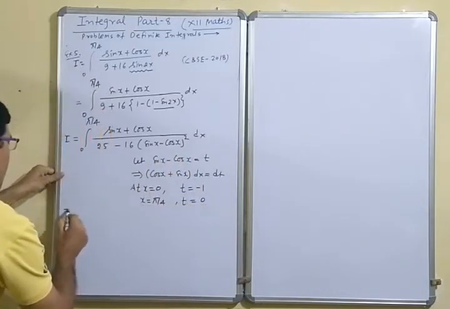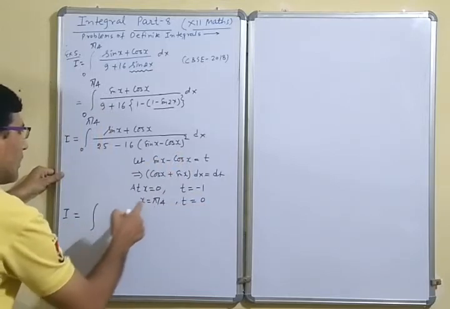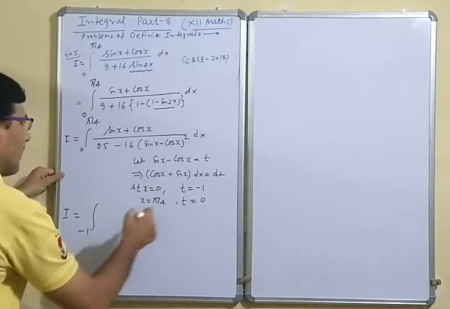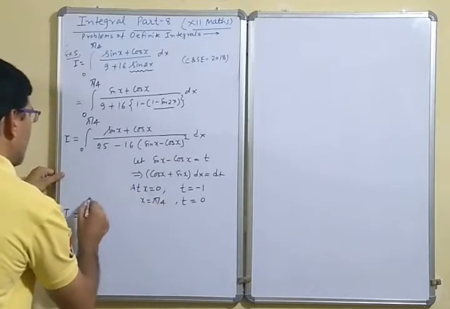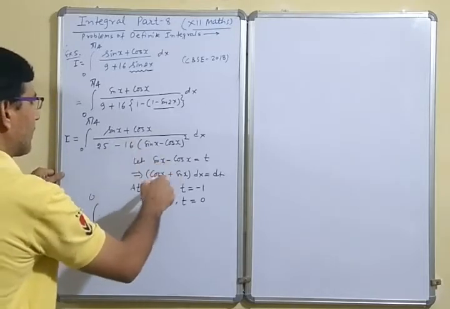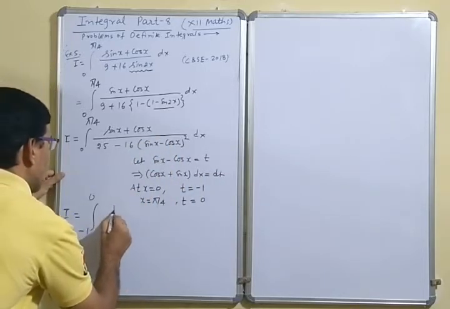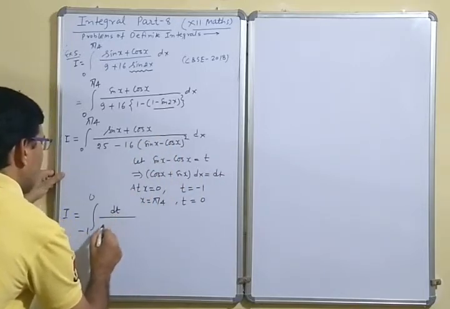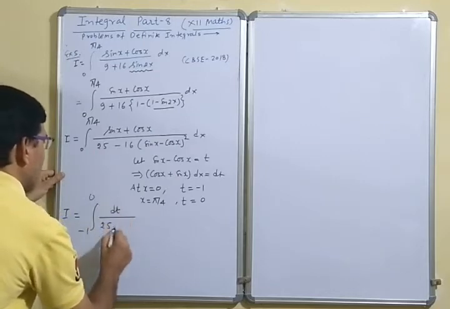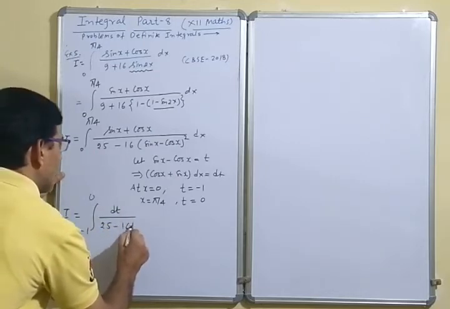So the integration becomes I is equal to the integral from minus 1 to 0, and sin x plus cos x dx is dt. So the numerator becomes dt divided by 25 minus 16 t square.